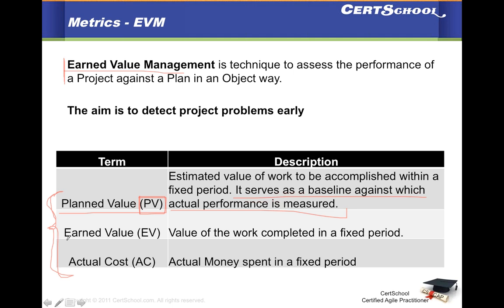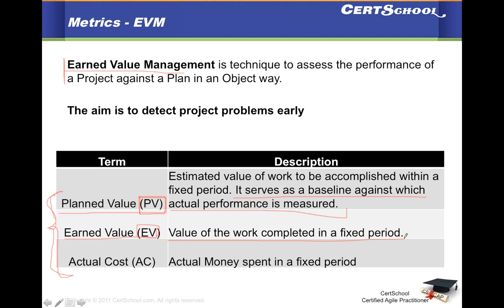And then you have the earned value, which is EV. It's the actual value of the work completed in that fixed period, right? So let's say your release is a 3-month release cycle, and you planned something for that release, based on your velocity, your team, the estimates you had, the product backlog, prioritization.